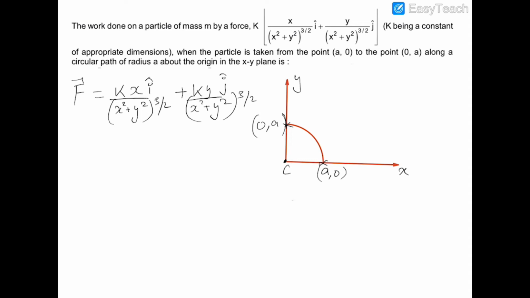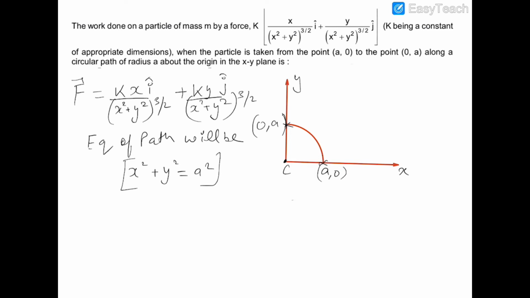Now if I know the path is circular, I can write the equation of the path: x square plus y square is equal to a square. This is the equation of a circle whose radius is a and whose center is 0, 0.